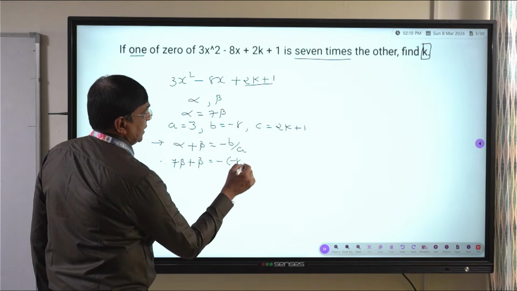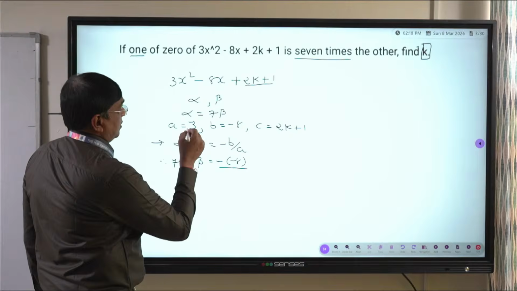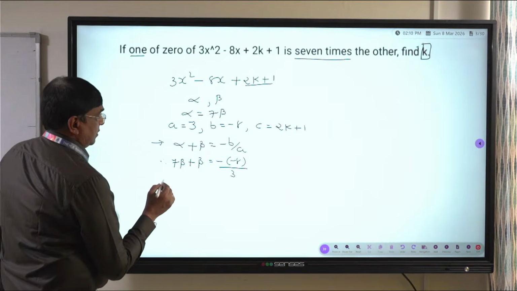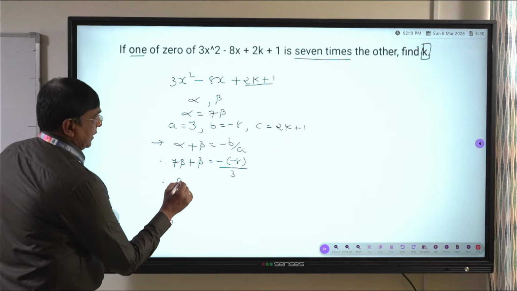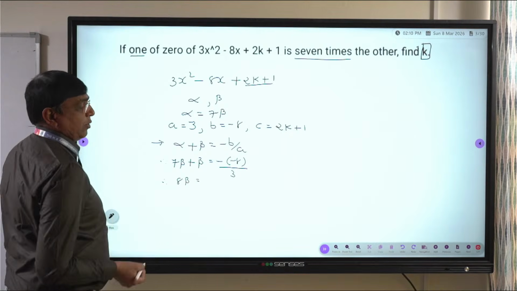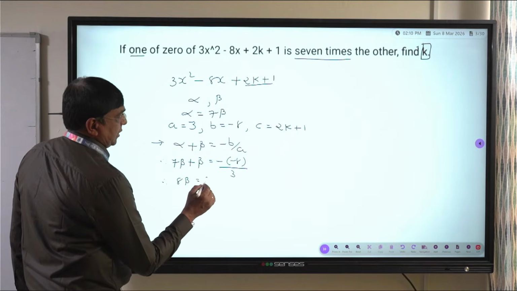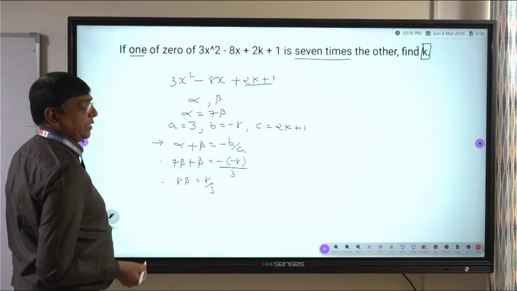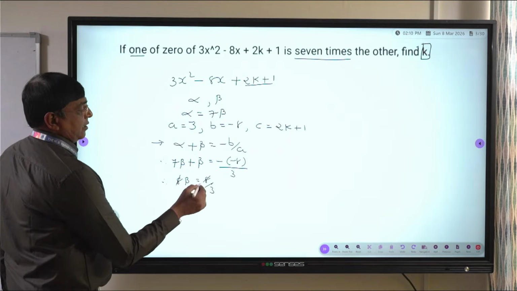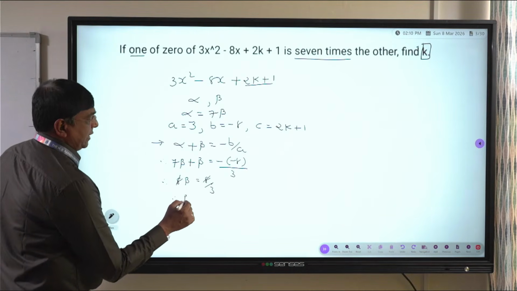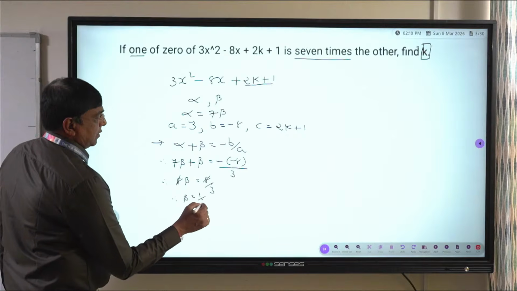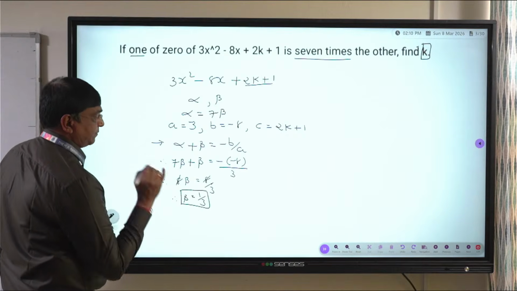Minus 8, a is 3. Therefore 8 beta equals plus 8 upon 3. 8 cancels. So the value of beta is 1 upon 3.